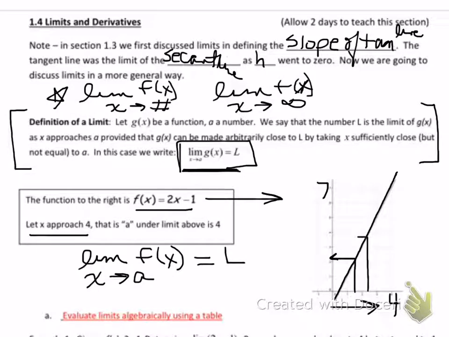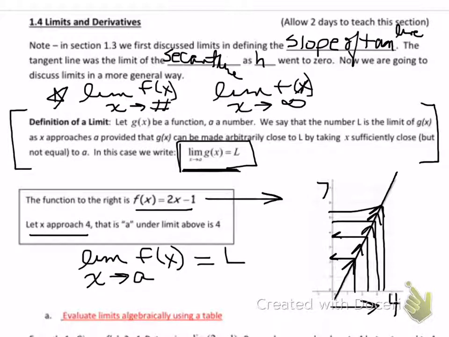Up to the function, over to get my y, and we go up closer and closer to 4 from the left-hand side. So we are in effect climbing up this function line and then reading over the function line to the y value. That y value is my L.